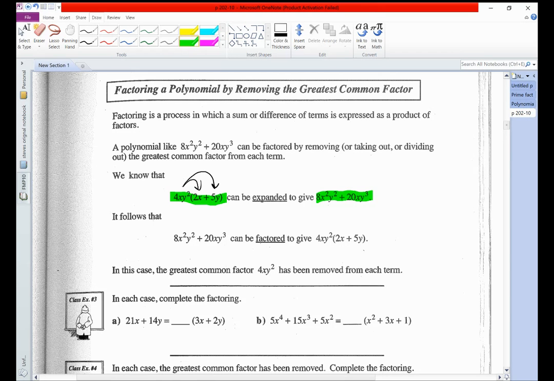So if that is expanding, then we know that we should be able to factor 8x squared y squared plus 20xy cubed back into the original form there, 4xy squared multiplied by 2x plus 5y. So in this case, the greatest common factor that we removed from both was 4xy squared.